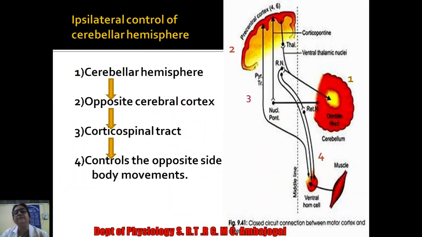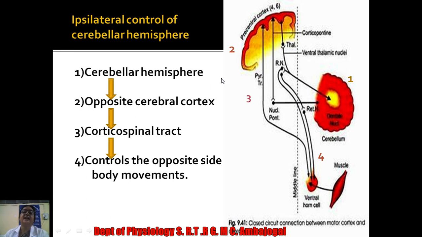Now the next important characteristic feature of the cerebellum you have to remember is that its control is ipsilateral. Means the cerebellar hemisphere controls along the same side. This is explained with the help of this figure. Already we have discussed the various tracts.